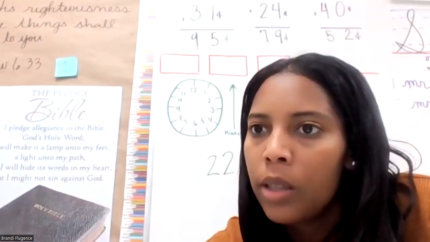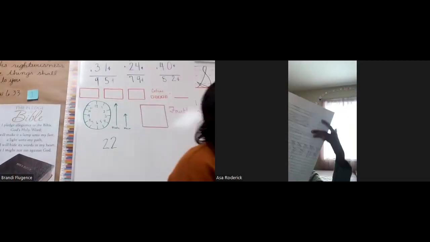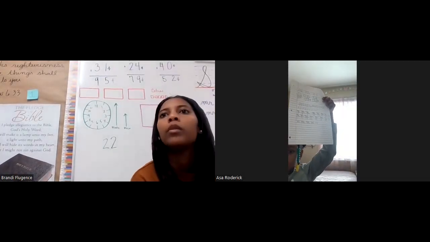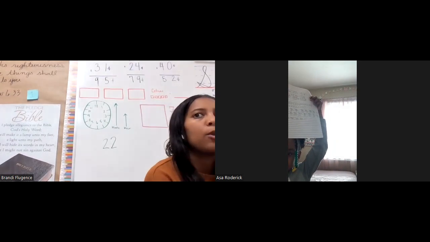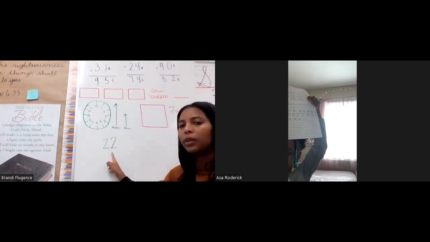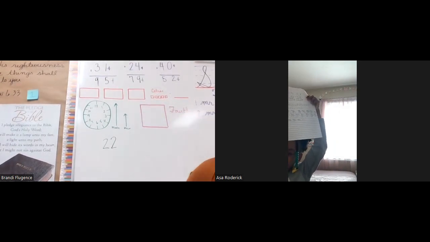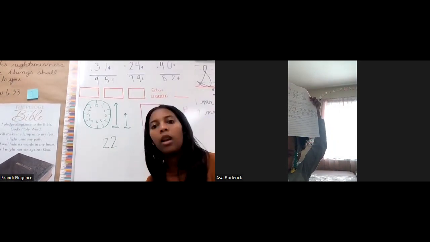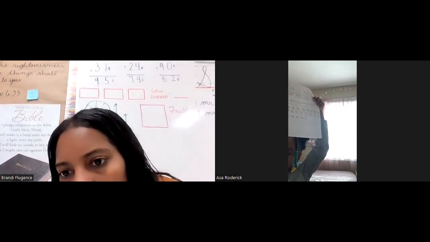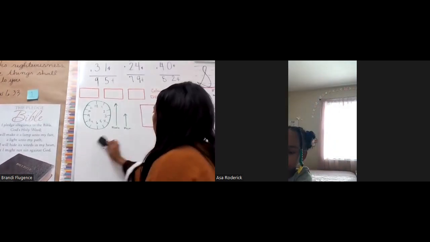Let's see your 22 tally marks. Okay, that's 27, and you put the number 27, and I have 22 on the board. Okay. All right, good.